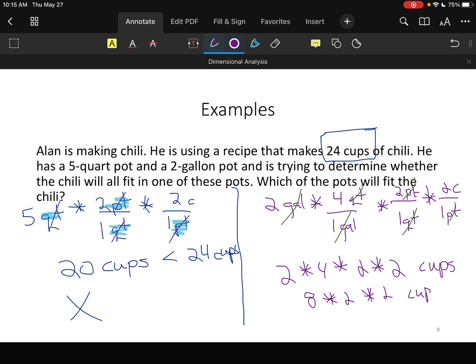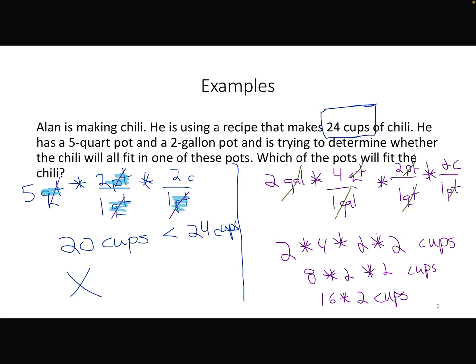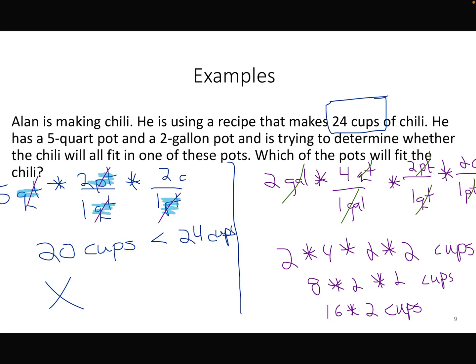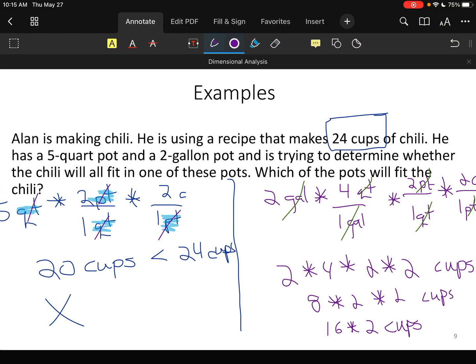Bring that down, so that'll be 16 times 2. Now, y'all don't have to do all this. You can just multiply directly. I'm just showing you. Just keep breaking it down. So we're going to end up with 32 cups. Boom.